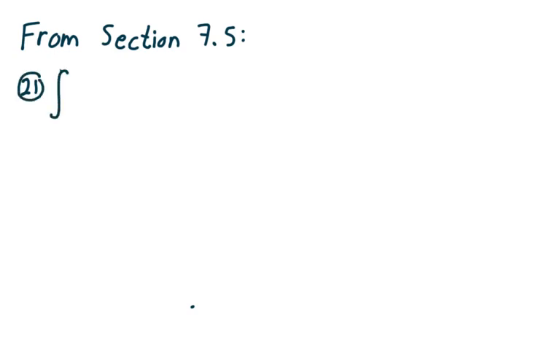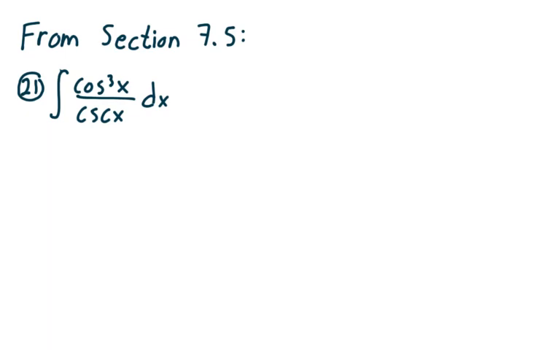Suppose I had the integral of cosine cubed x divided by cosecant x dx. Now, when I look at a problem like this, cosines and cosecants don't go very well together, but cosines and sines do, right?